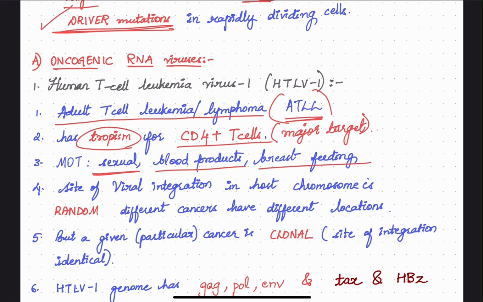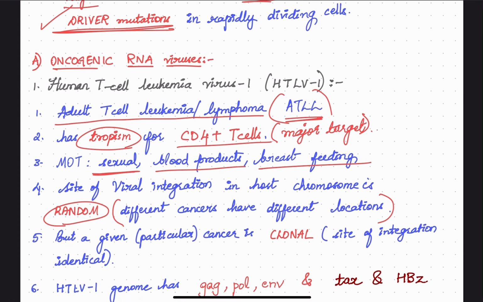The site of viral integration in the host chromosome is random. What does this mean? This means there are many types of cancers, and in different cancers the viral integration into the host genome is different.